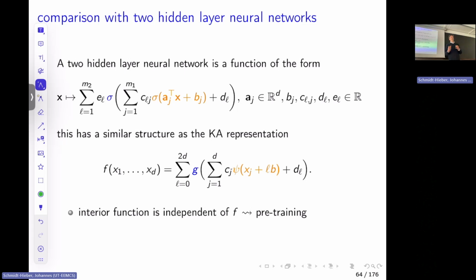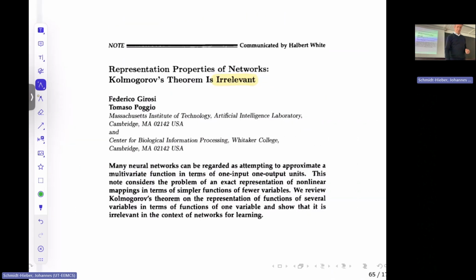Because the idea is that the features that these neural networks learn, everything up to the last hidden layer, are typically quite generic, and what really matters is basically what happens in the output layer. And that has a bit of a similar flavor, because the interior really doesn't matter here. It's something very generic, does not depend even on the function you want to learn. And what's important is what happens at the output. So it has a similar flavor.